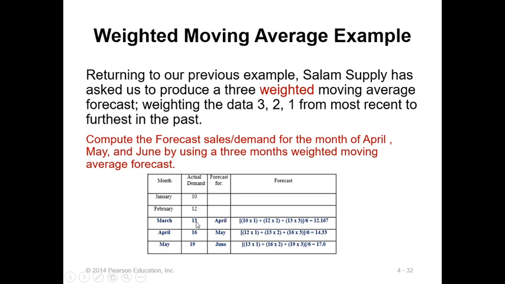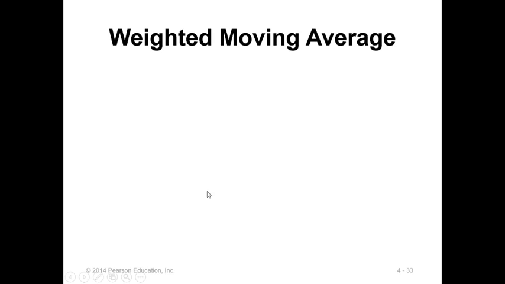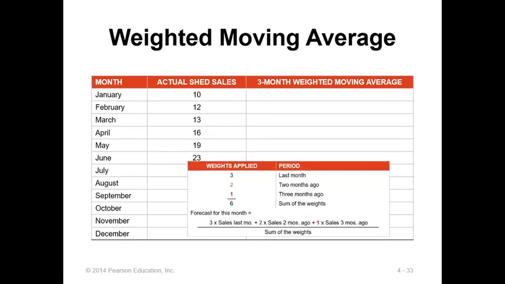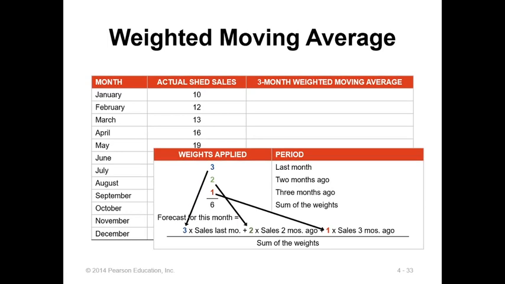So we'll have 13 multiplied by 3 plus 12 multiplied by 2 plus 10 multiplied by 1, divided by the sum of weights, which is 3 plus 2 plus 1, equal to 6. So the total here will be divided by 6, and our demand for next month, or the month of April, will be 12.167.